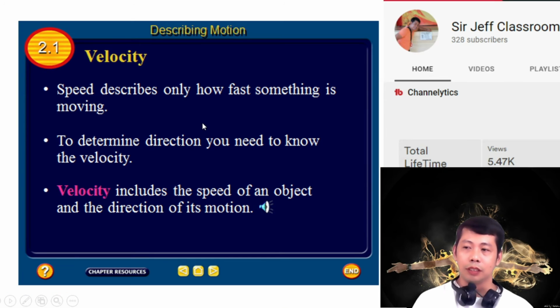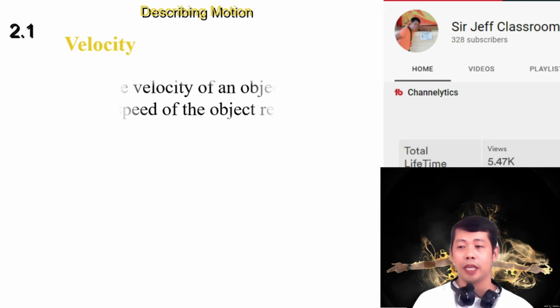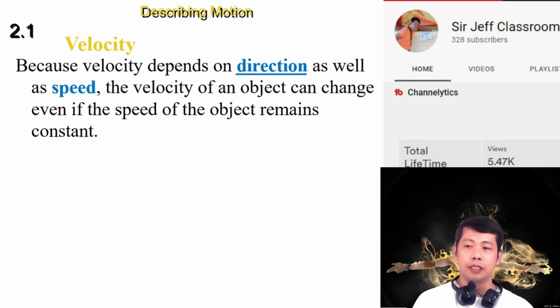Okay? So, describing motion, velocity. Speed describes only how fast something is moving. To determine the direction, you need to know the velocity. Velocity includes the speed of an object and the direction of its motion. As I told you, it's either to the left, to the right, or upward, downward, right? Or it can also be north, east, west, and south. Because velocity depends on direction as well as speed, the velocity of an object can change even if the speed of the object remains constant.